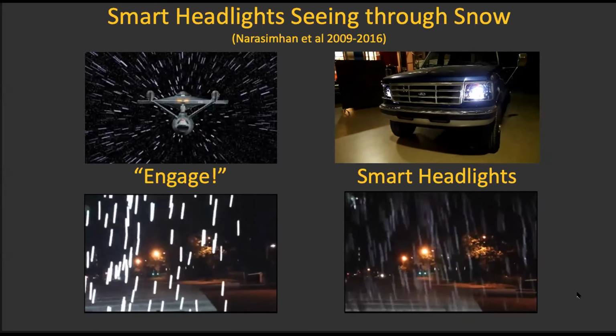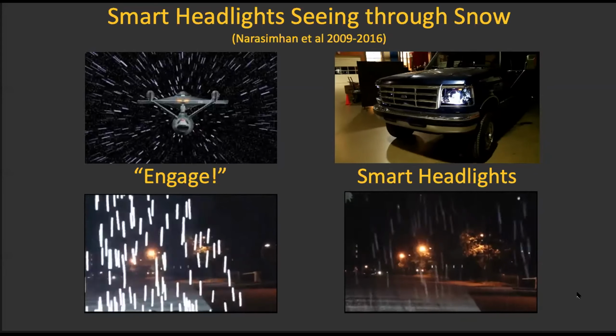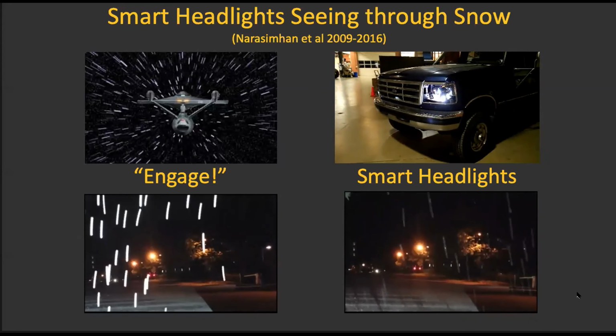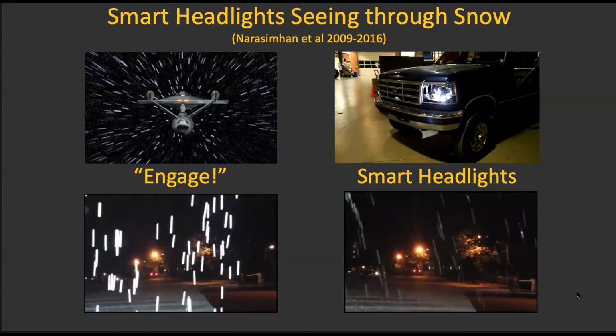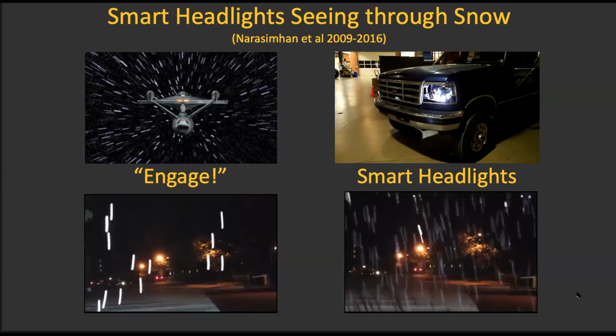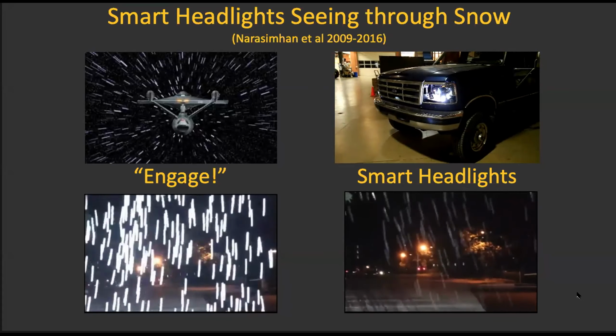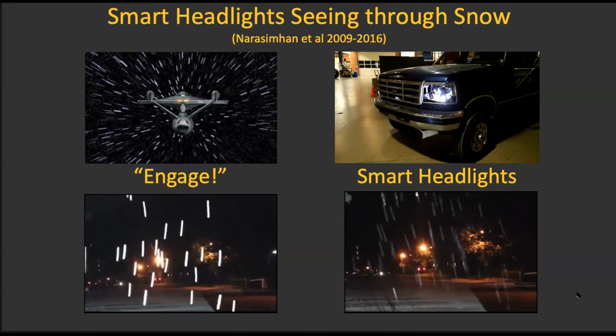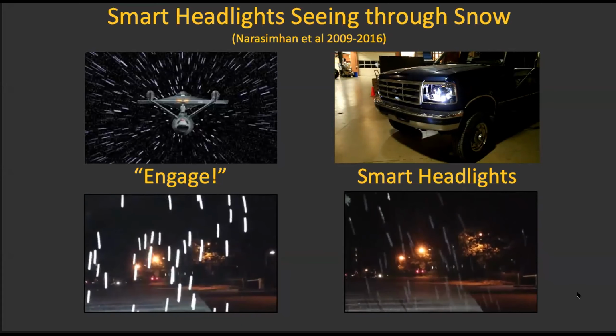Here, these snowflakes are acting like light sources. They reflect the headlight so well that they might as well be light sources themselves. By streaming light in between these snowflakes, you're able to reduce the visibility of snow and therefore increase the visibility of the scene itself.